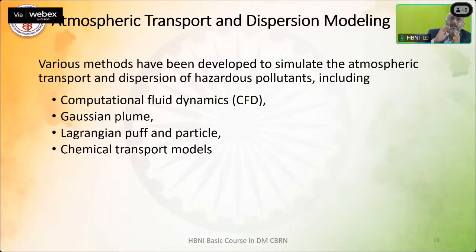You will have to choose the modeling technique according to the application, so you will see that later. You will have a flavor of when you choose a computational model, or when you choose a Lagrangian model, when we look at some of the applications.